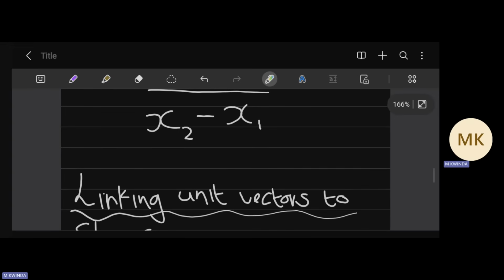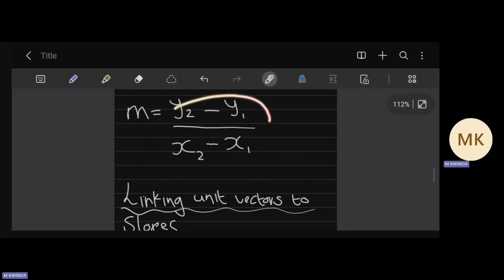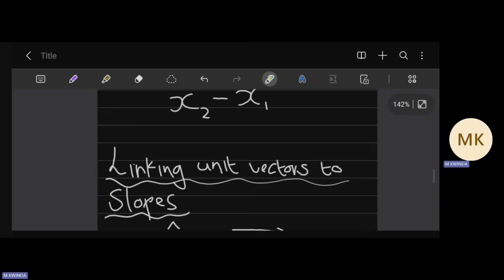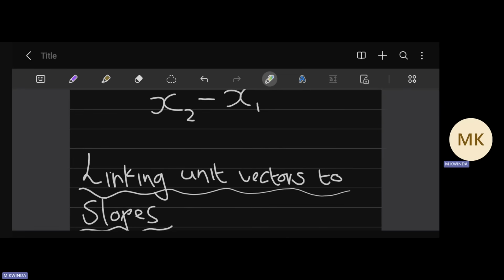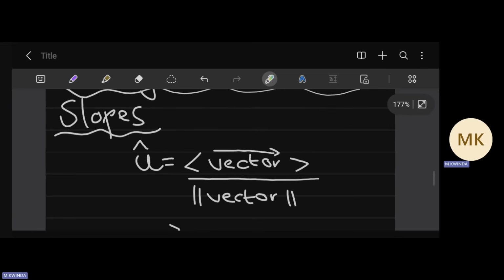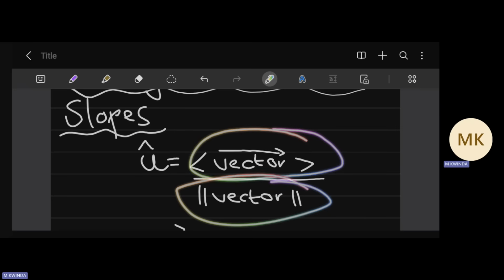So, linking unit vectors to slopes. In other words, instead of finding slope using this, we use unit vectors. And I did touch base on what unit vectors are in the first part of this recording. The formula for unit vectors is basically u with a cup like that, equal to the vector over the magnitude of that vector.